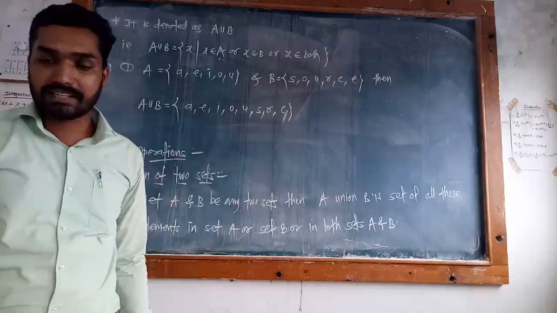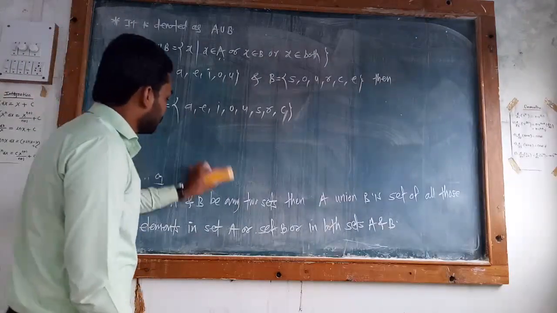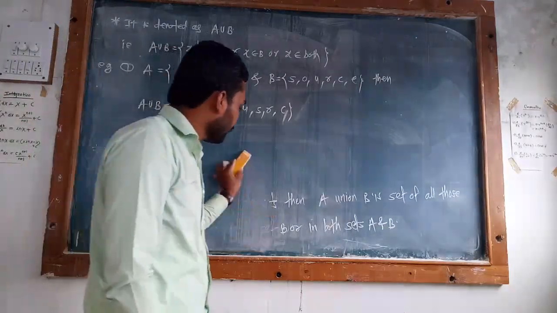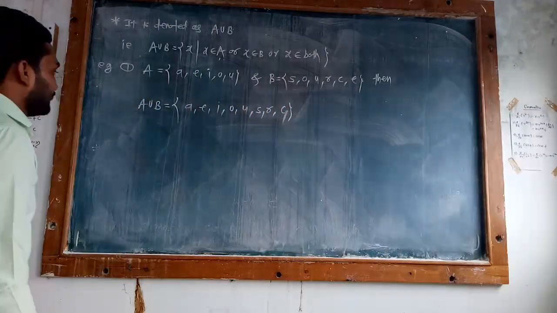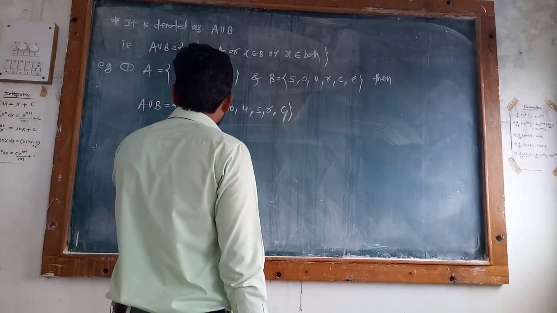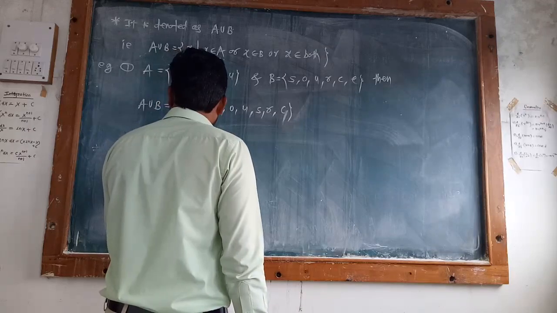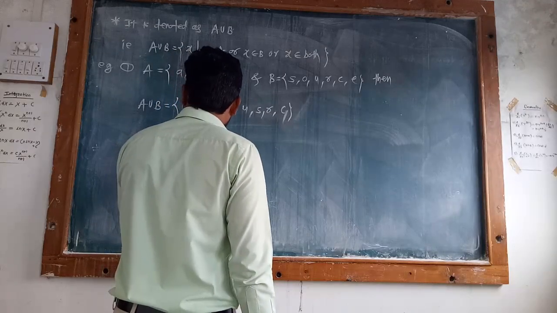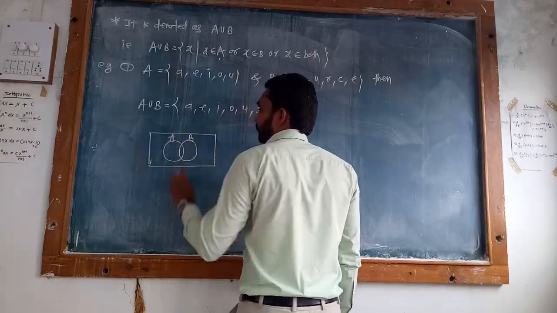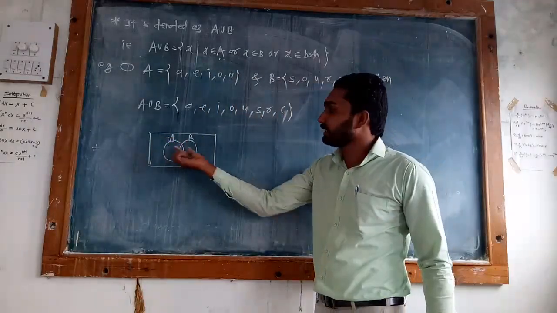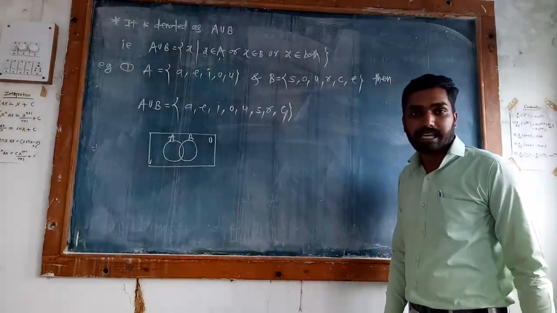In Venn diagram form, we can write A union B as follows. This is your universal set U. This is your set A, this is your set B. Then what is your A union B?